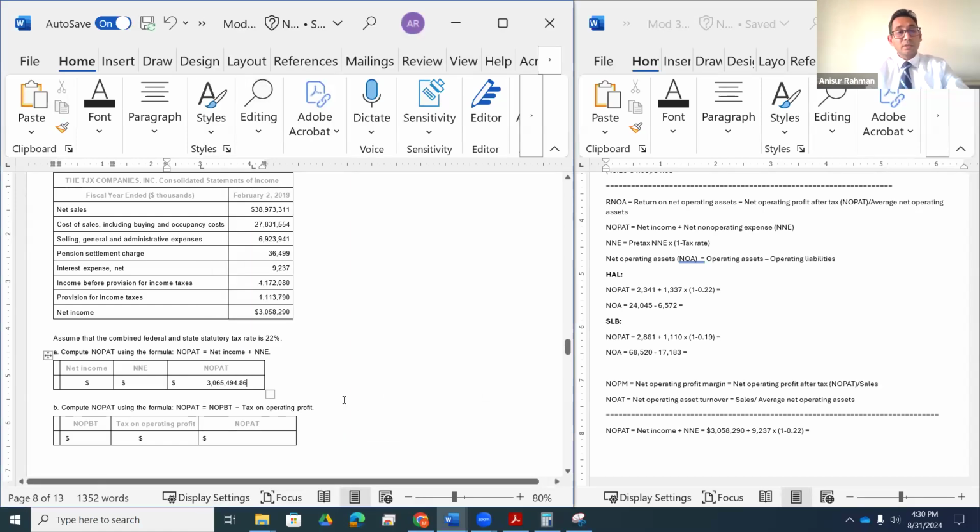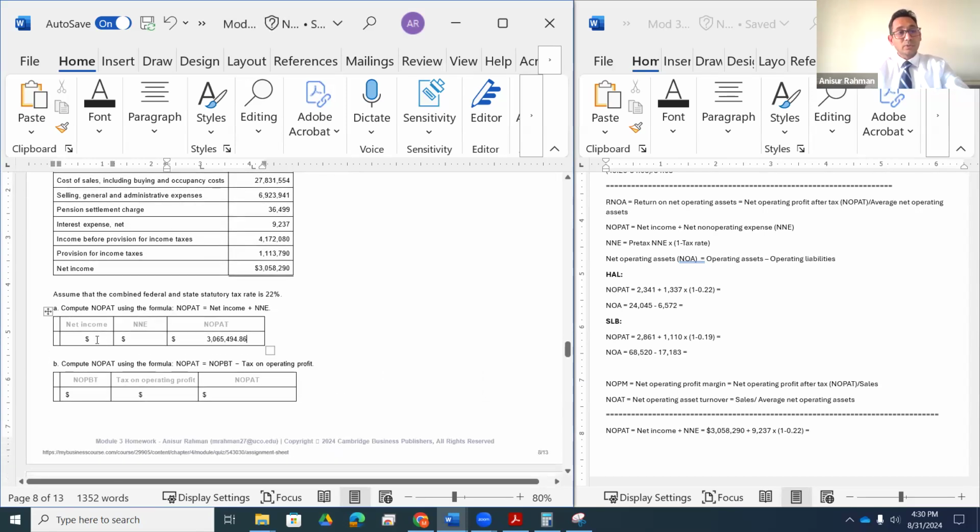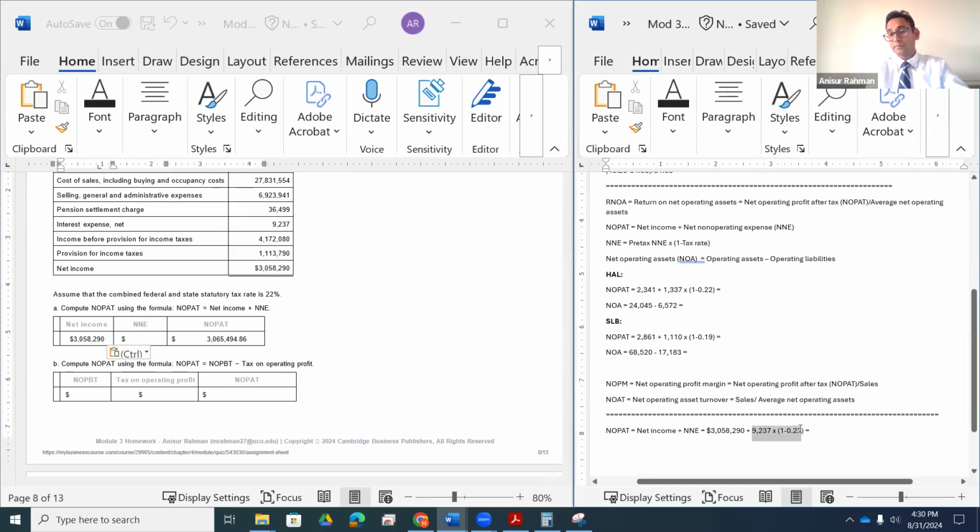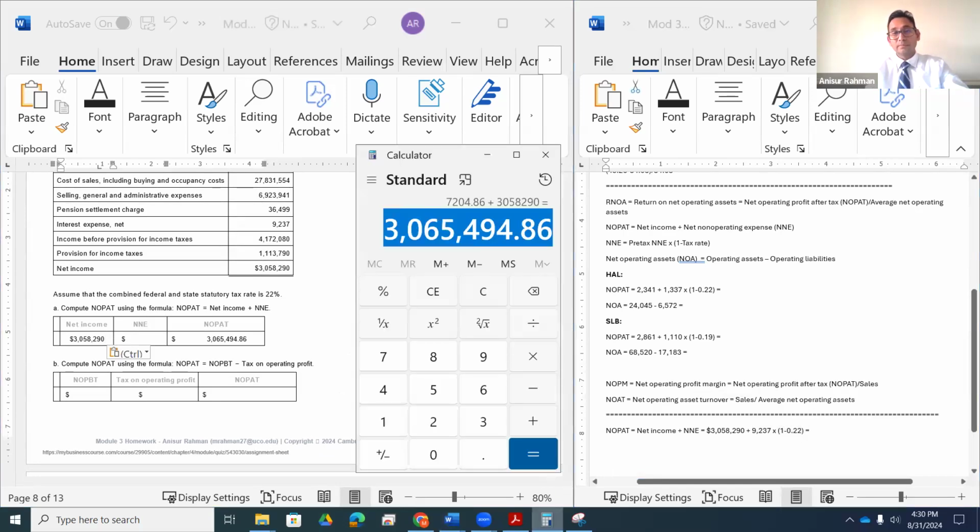So 3,065,494.86. We also need to write down the net income separately and NNE separately. So our NNE is equal to this part. Let me recalculate this portion.